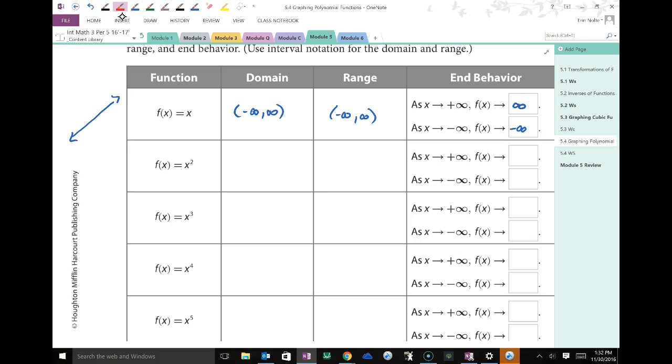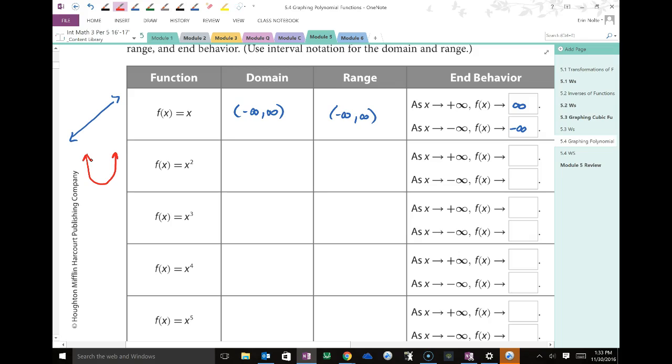Okay, so x squared looks like what? A parabola. See, more than one student answered.